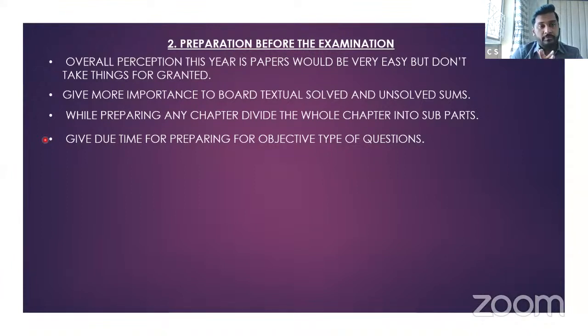So better do the textbook objectives properly. 99% the objectives would come from board textbook. Some application based questions would be framed, so definitely you need to be ready even for those questions.